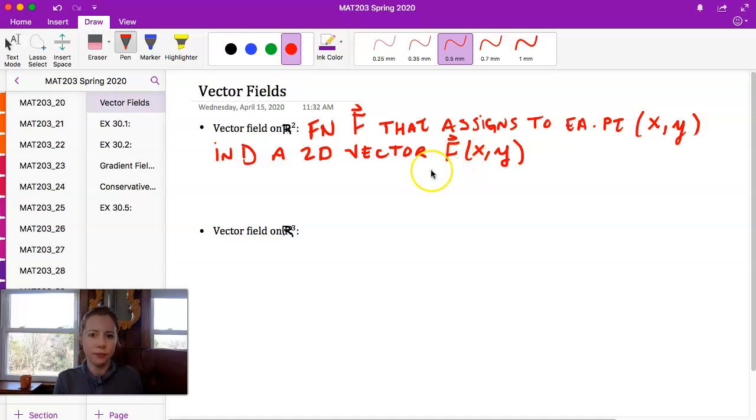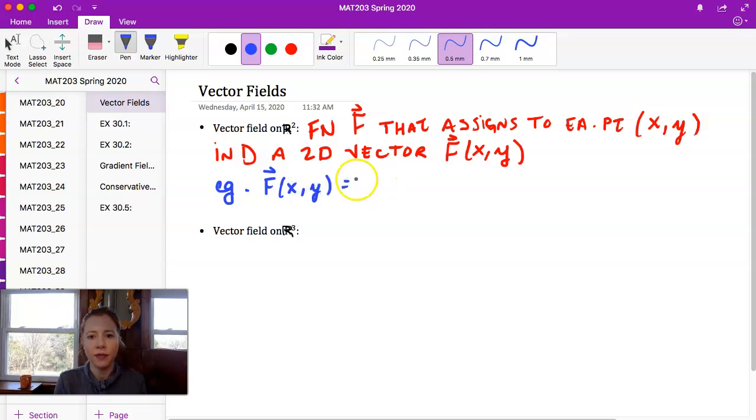and direction. And so for example, in two space, you'll have f of x and y, which is a vector.